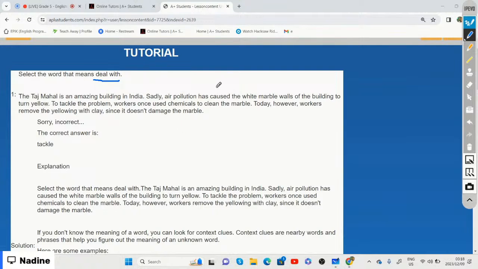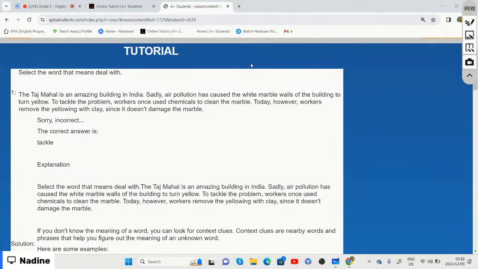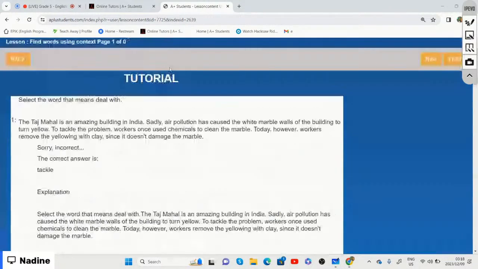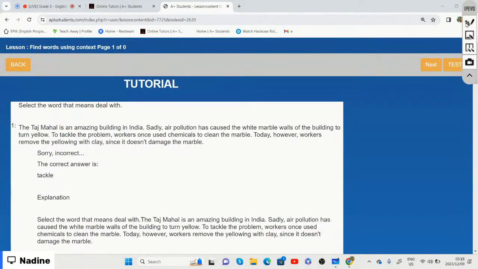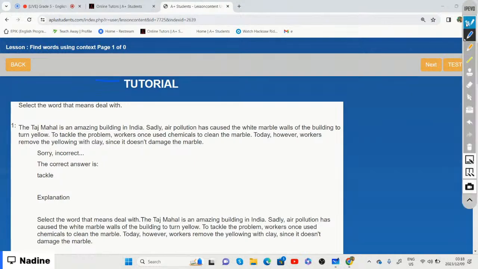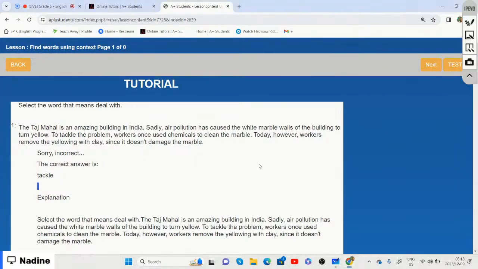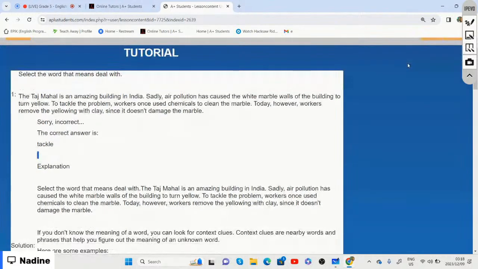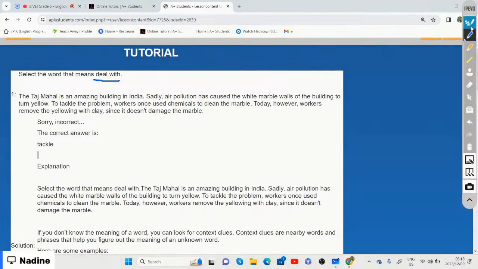I think it can basically mean to tackle. So deal with, we can say, is to tackle something.